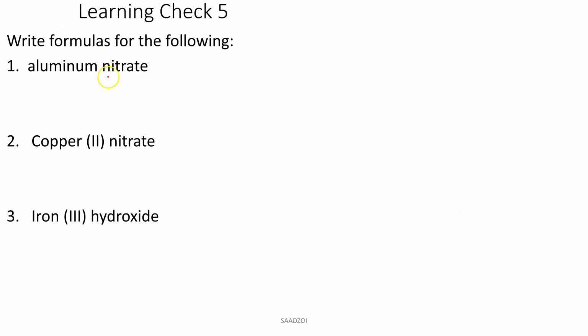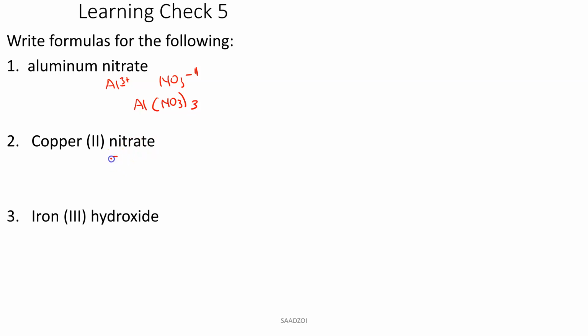All right, aluminum nitrate. Aluminum is a positive 3. Nitrate's a negative 3. Excuse me, negative 1. Crisscross, Al, because it's 2 or greater, put parentheses around the polyatomic ion and put a 3 on the outside, and you're done.